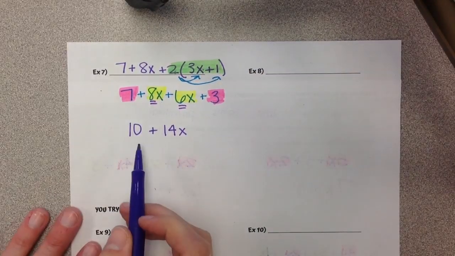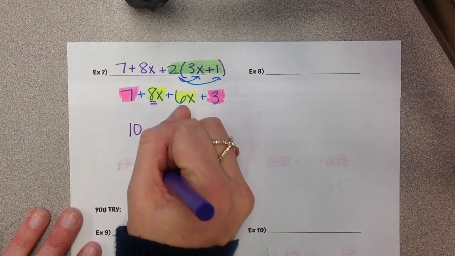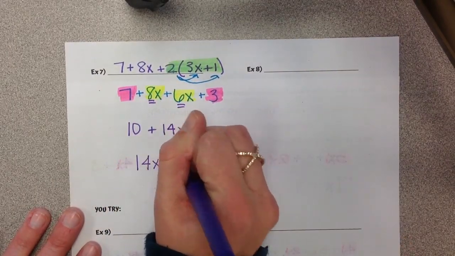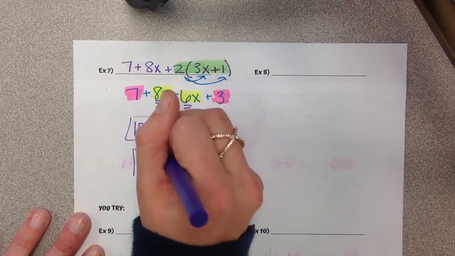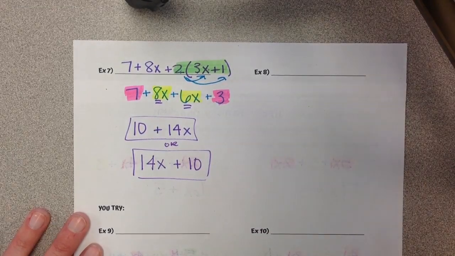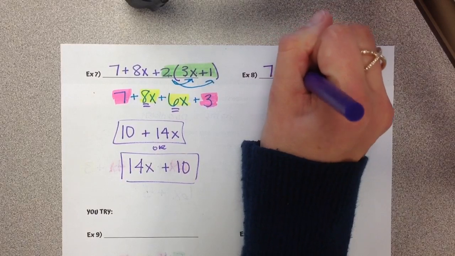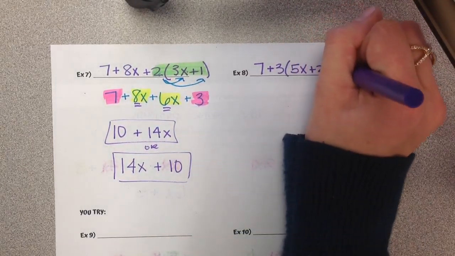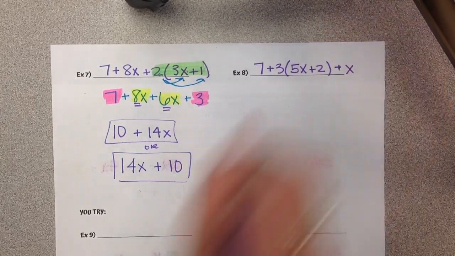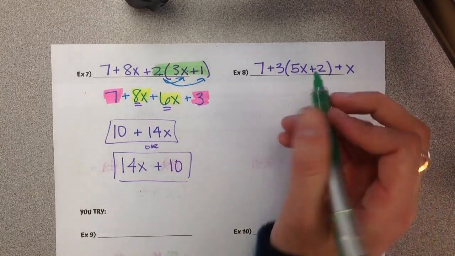Now, remember, you can leave it this way, or generally speaking, we usually put our variables on the left and the constants on the right, but either one would work. Okay. Number 8, 7 plus 3 times, in parentheses, 5x plus 2, and then on the end, plus x. So we look, are there parentheses? Yes, that means we have to start with the parentheses.